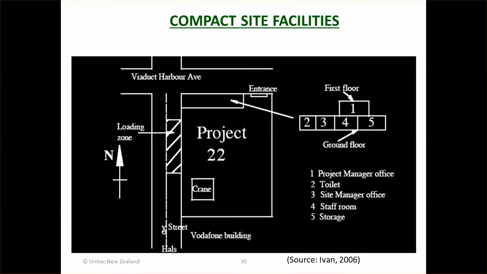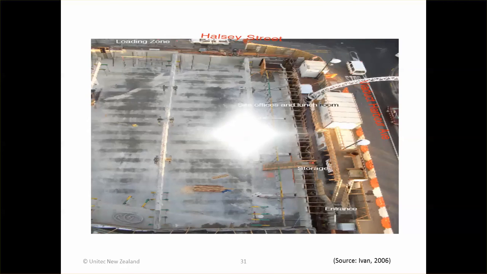You also need to be thinking about vehicle movement. So trucks need to come in and deliver materials. How are you going to unload the trucks and get them into the right place? So you can see this site here, they had the site offices and lunchroom stacked up, storage underneath it.